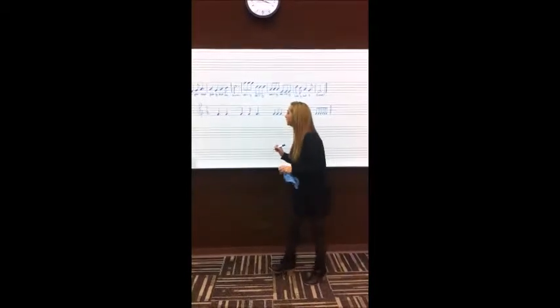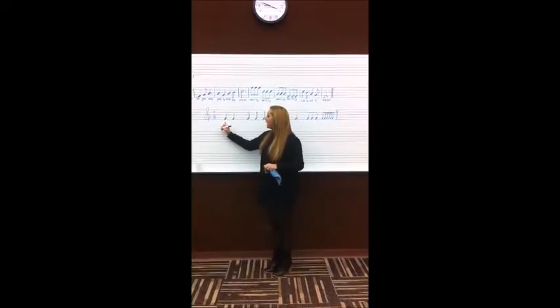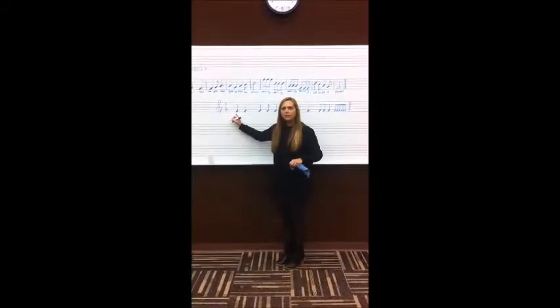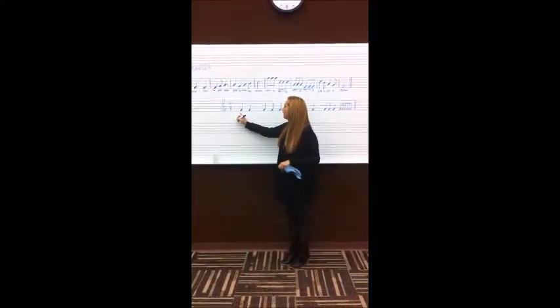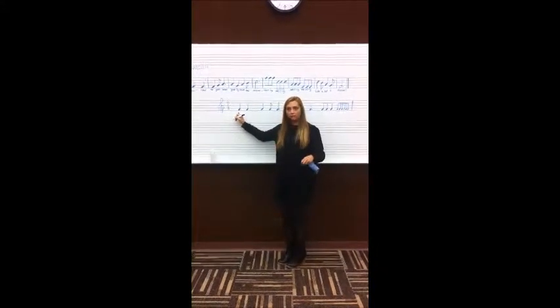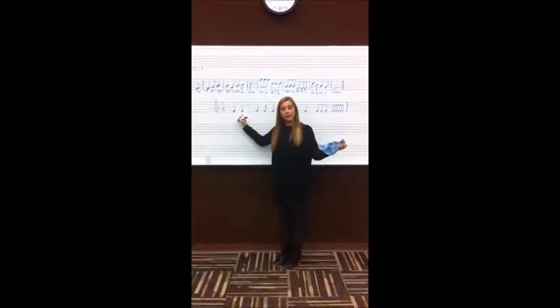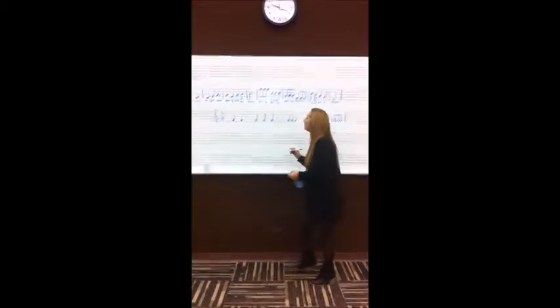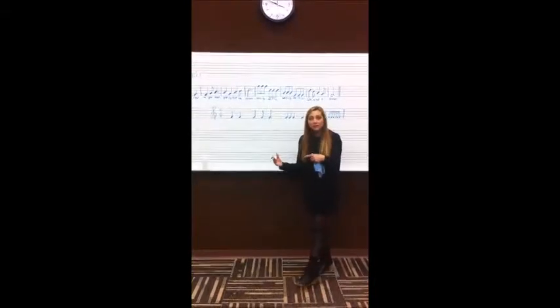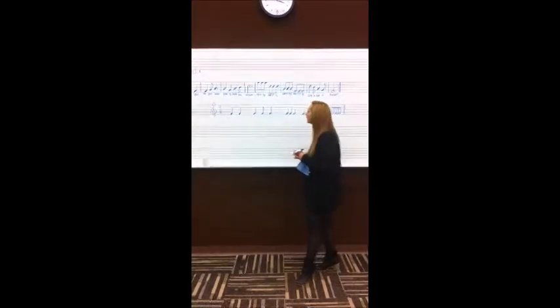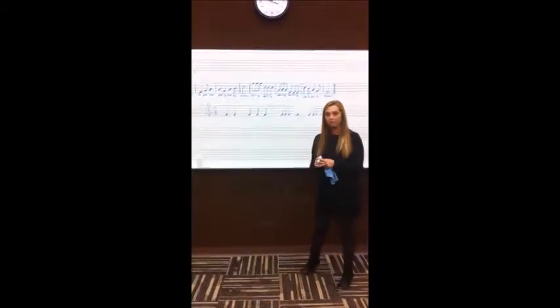So, we have, how many beats in this? 3. In this dotted? 3. 3, good. Okay, so that's 3 of the 9. Where's the next one? Oh, just the next dotted quarter note, right? Okay. So, we have 6 mini beats right there, but we need 9. Where are we going to find the next 3?